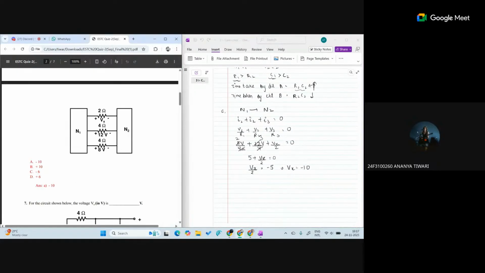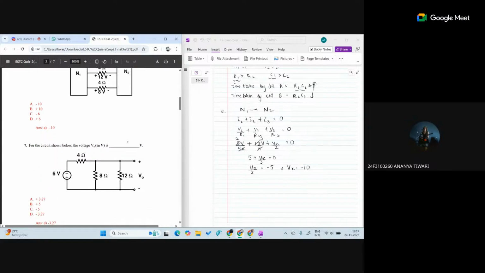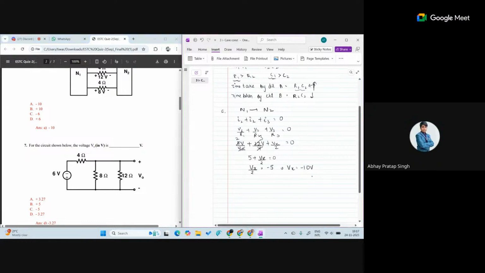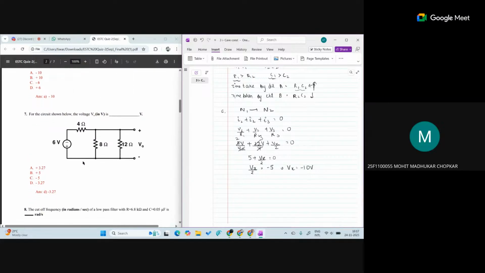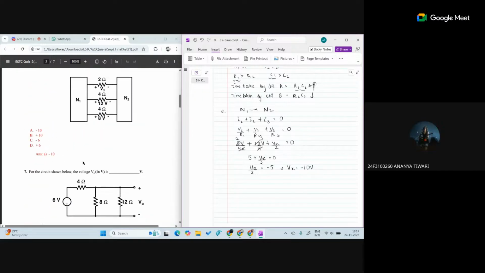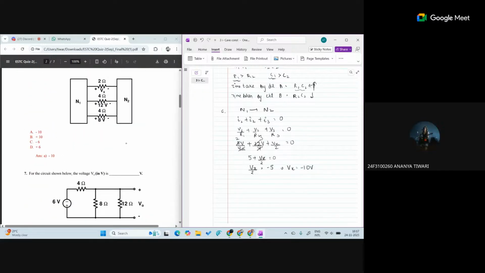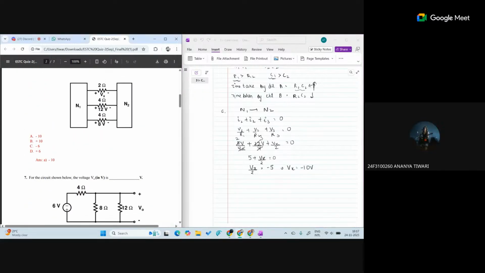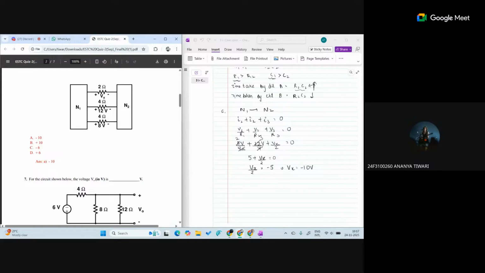Got it? Minus 10. Okay. You got this now? Yes, ma'am. I wrote that positive 10 watts. You just have to add this current because it is flowing from positive to negative terminal. You don't have to look for the absorbed sign and all.